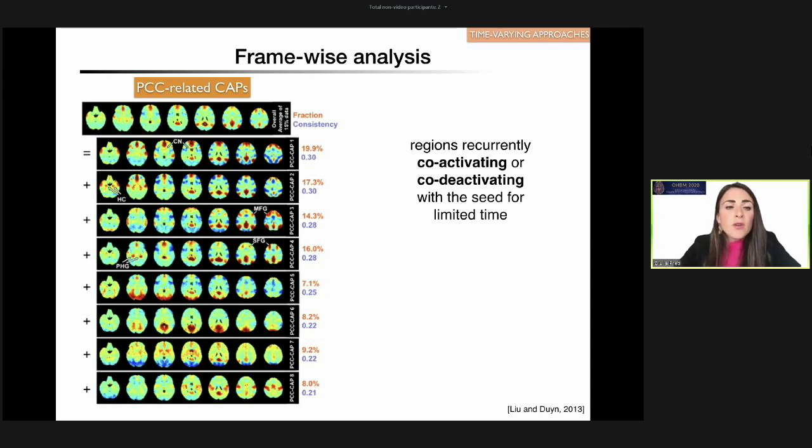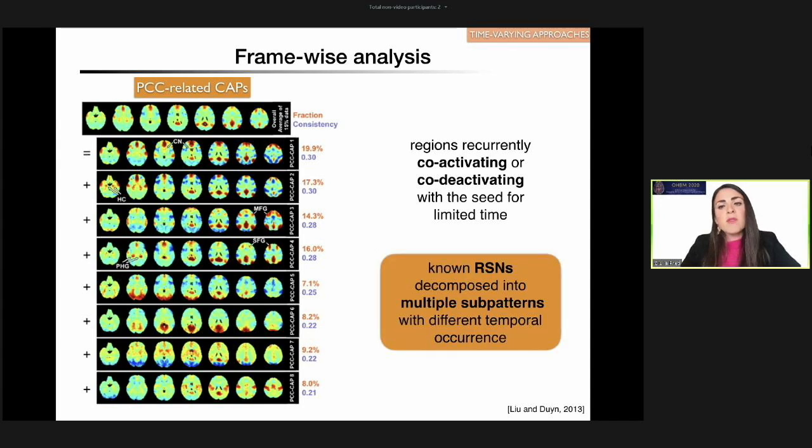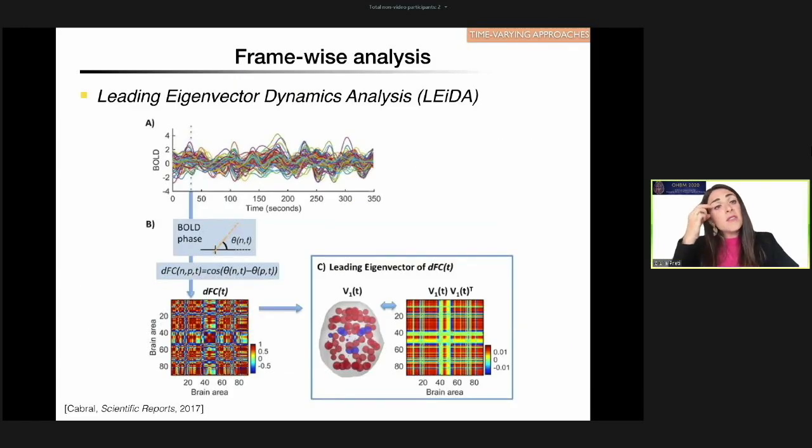So we can recognize in these patterns known resting state networks, but more importantly, these appear also decomposed into multiple sub-patterns that are characterized by a different temporal occurrence, and so that would be missed by a static analysis.